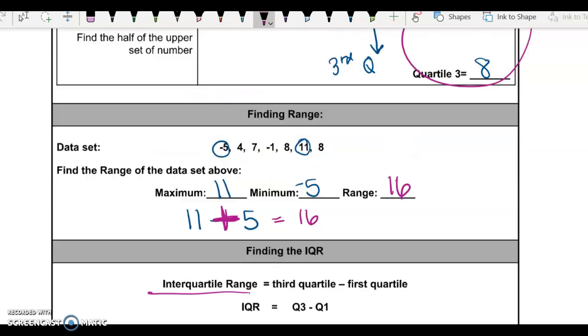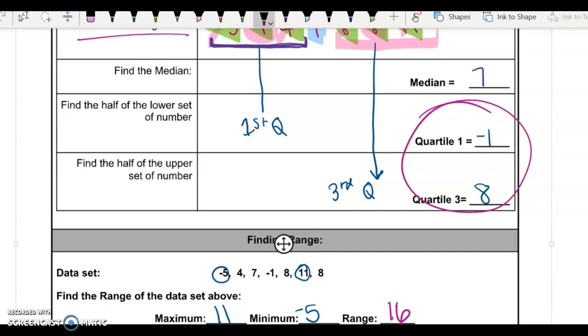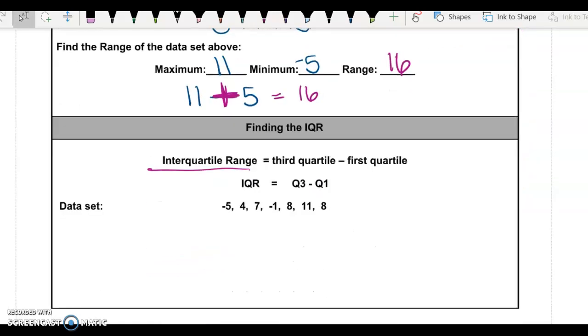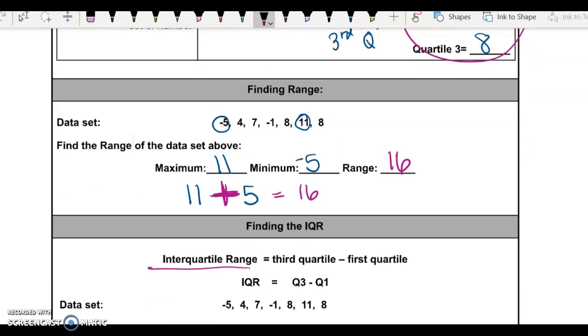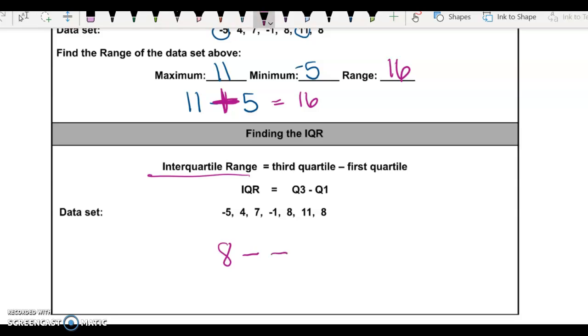So Q3, we said, was 8. So we have 8 minus our first quartile, which was -1. But again, we have that minus and negative, so this turns to a plus. So we have 9 is our IQR.